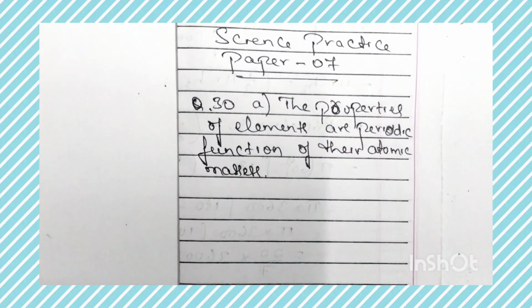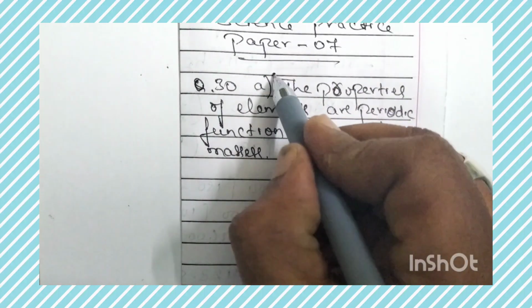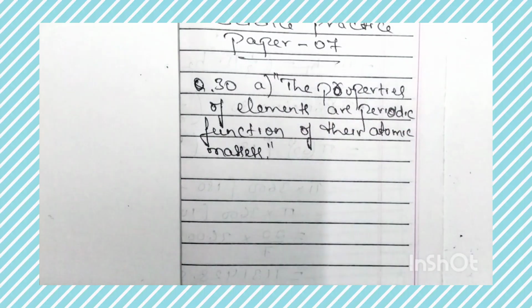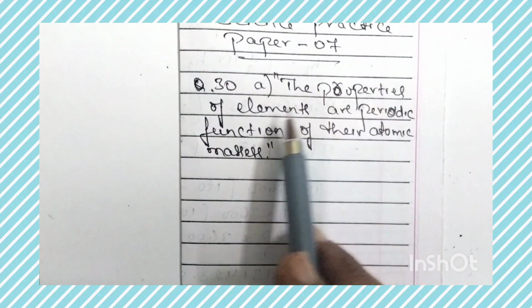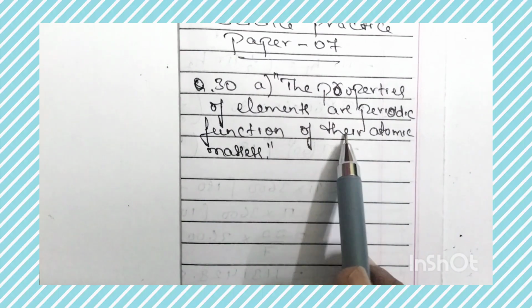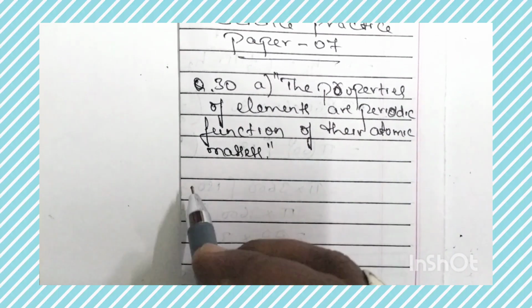So this is the statement of Mendeleev's periodic law. The properties of elements are periodic function of their atomic masses.